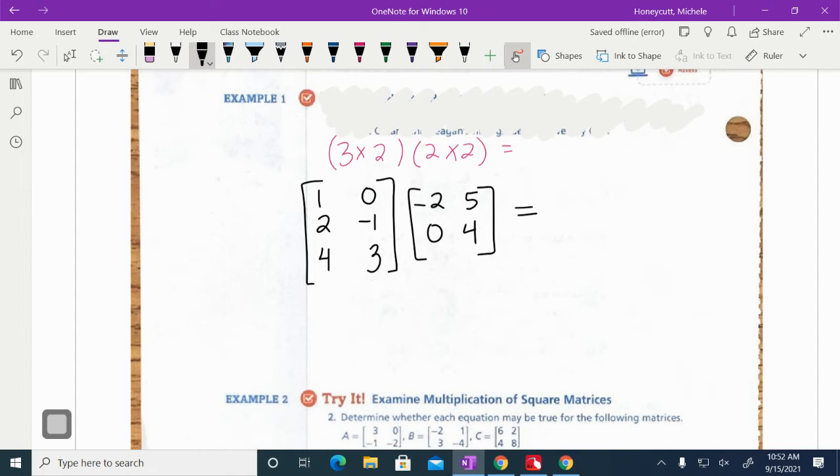What am I going to end up with when I multiply a 3 by 2 times a 2 by 2? I'm going to end up with a 3 by 2: 3 rows, 2 columns.